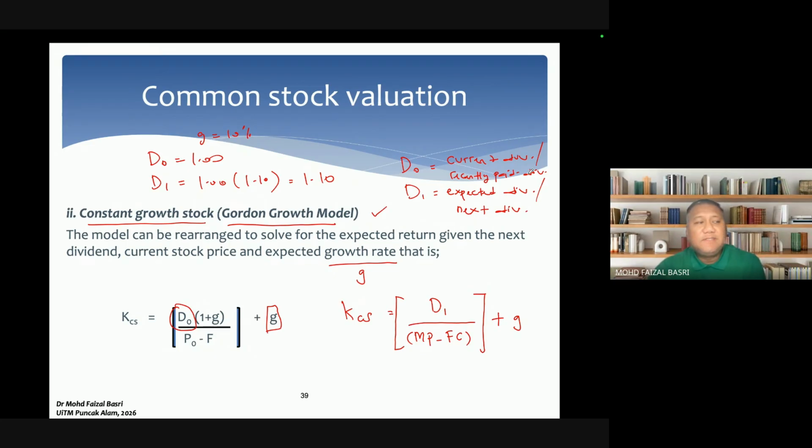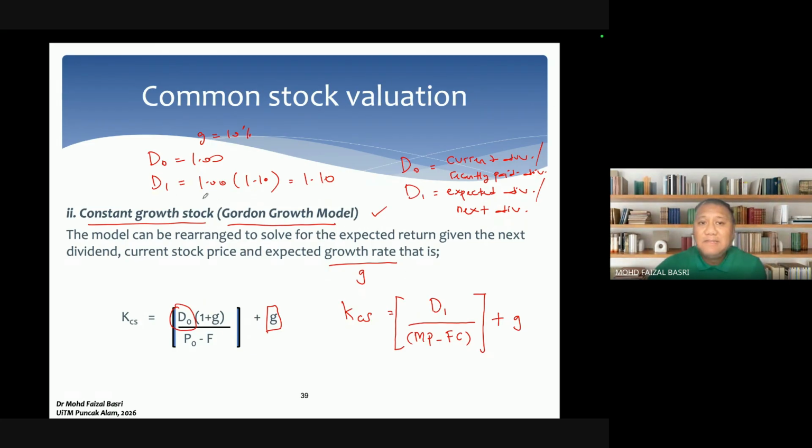So if the question kata the expected dividend is RM1 contohnya, then you put here RM1 and that's your D1. Okay, cuma there are some other questions, dia akan bagi the current ataupun recently paid dividend. So if that's the case, that's not your D1, that's your D0 ni.